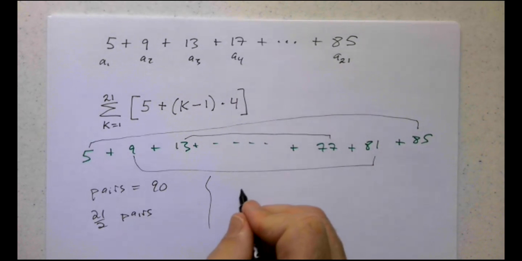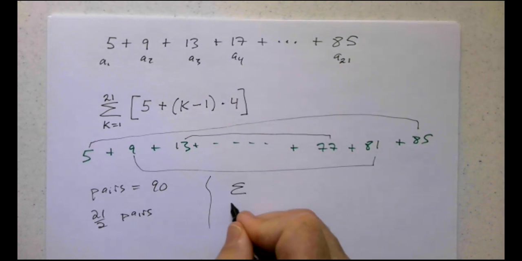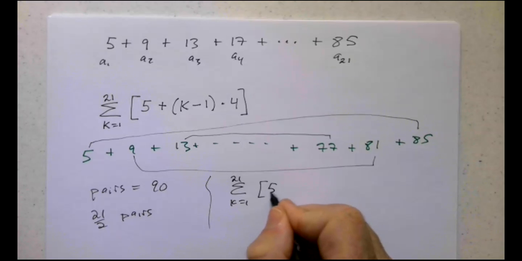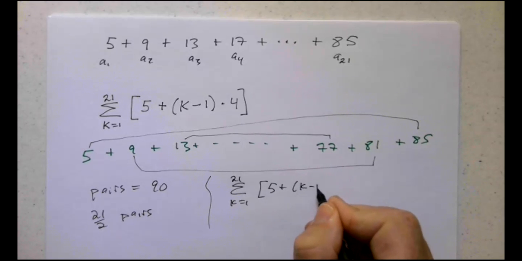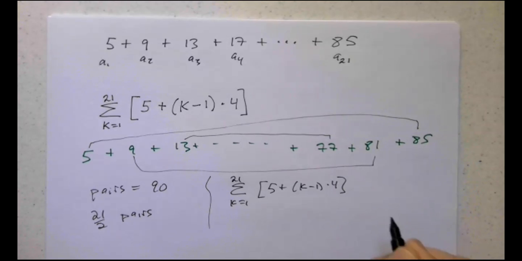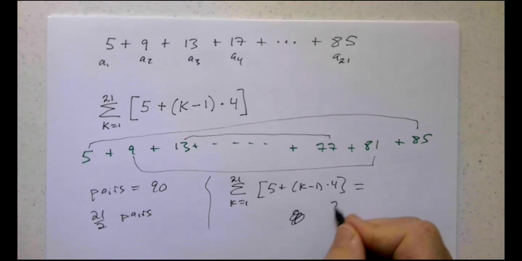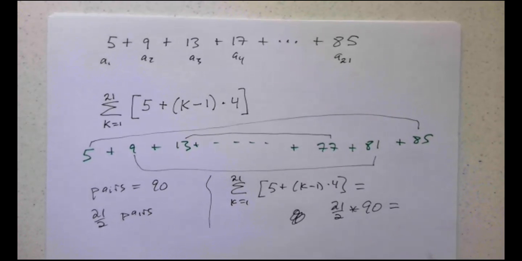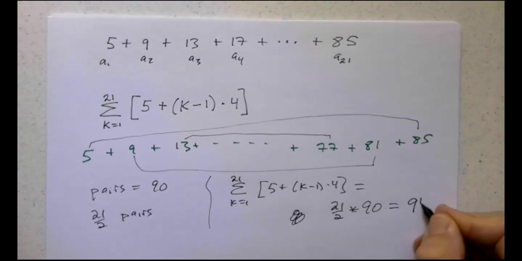What is that sum going to equal? The sum as k goes from 1 to 21 of 5 plus k minus 1 times 4 is the number of pairs, which is 21 halves, times the value of each pair, 90, which gives me how much? 21 halves times 90 gives me 945.